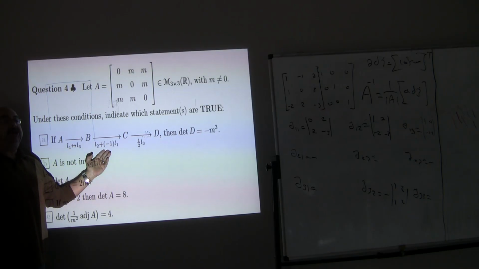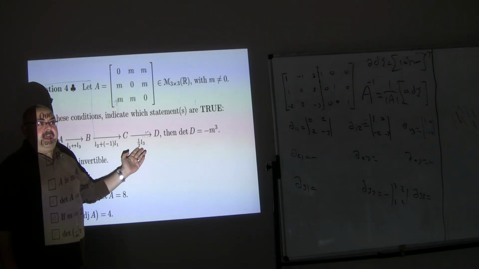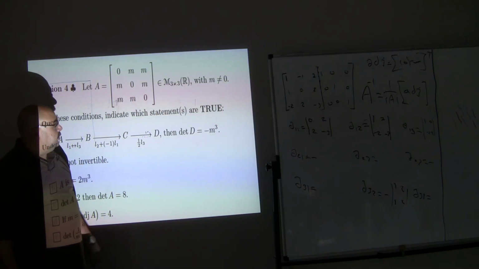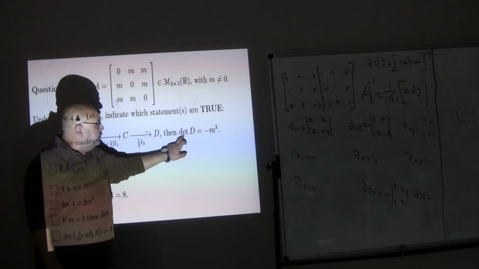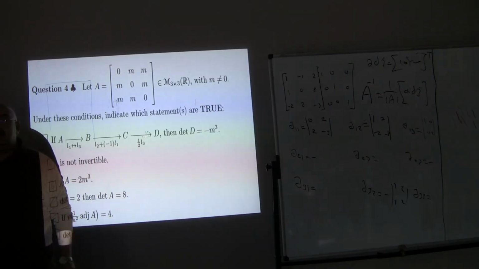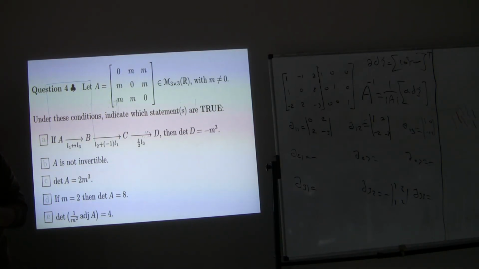What is this operation? Adding a multiple of a row. What's this operation? Multiplying a complete row by a constant number. Then determinant of D is equal to negative m³. What is he testing? It's really very important. The key for most of the questions is to understand what he is testing.